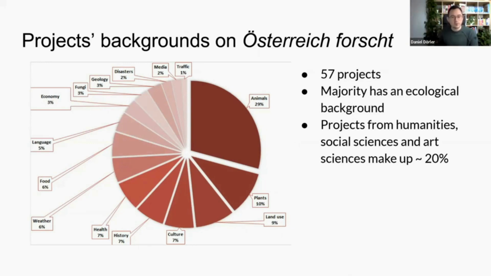So they can really filter down the projects to their interests. And as you can see, animals, plants, and fungi make up 42% of all the projects on Österreich forscht. And projects on the humanities, social sciences, and, a very important part in Austrian research, the art sciences, make up about 20% of all the projects.